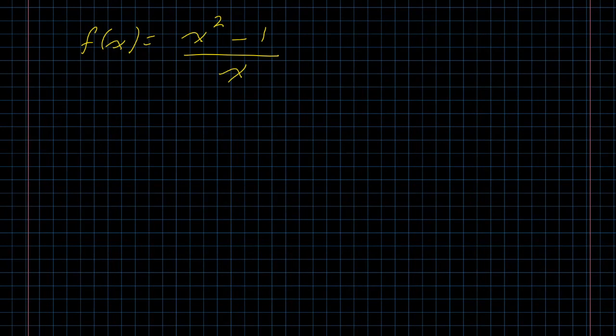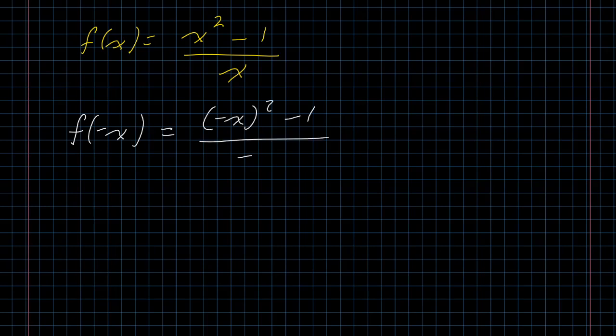If I want to test to determine if this function has even or odd symmetry, I'm going to evaluate f of the opposite of x. Now, if I take the opposite of x and I square it, that just gives me x squared again.